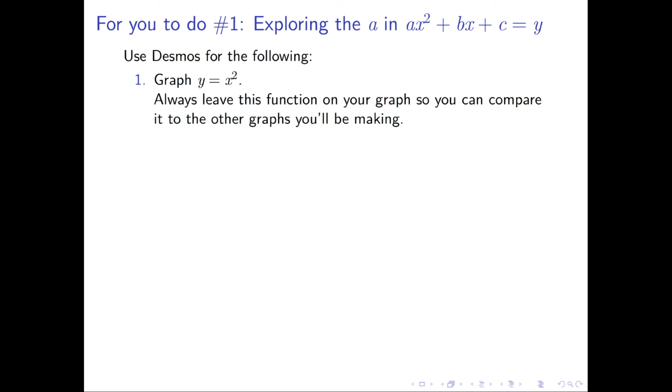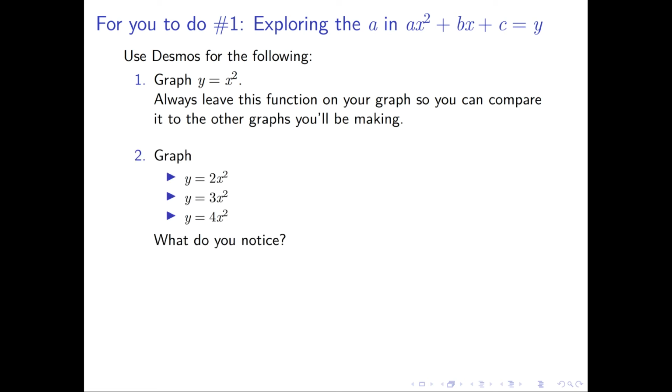Now I'd like you to use Desmos to explore what changes in the coefficient of x squared do to the graph. What I'd like you to do is open up Desmos and graph the parabola y equals x squared. And for all of these exercises, make sure that you leave that one on the graph so that you compare it to the other graphs that you are making.